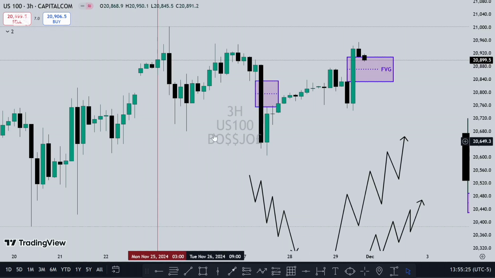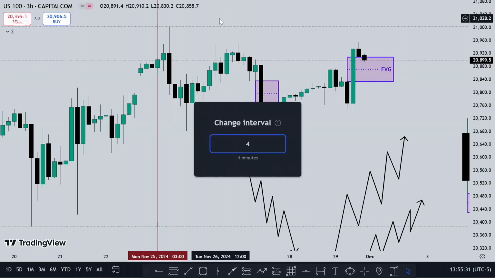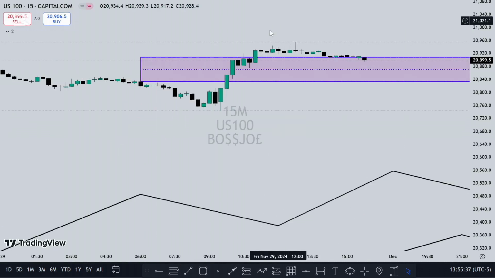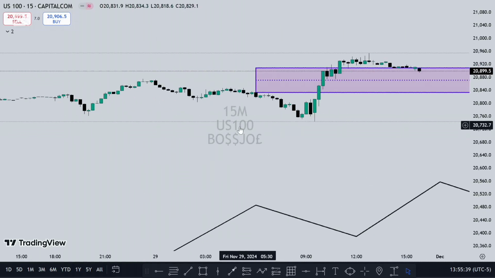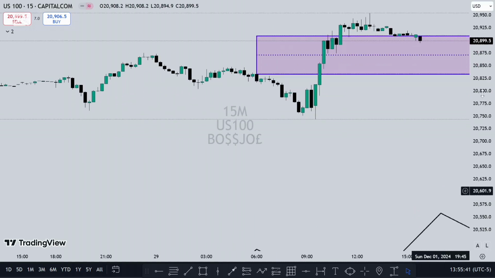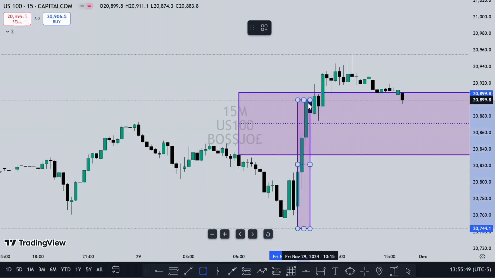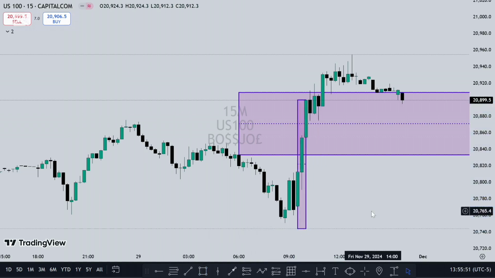For example, if we go down to, let's say, 30 minutes or 15 minutes time frame, you will find out that this is a quick sudden movement, but it was a fair value gap. This is a quick sudden movement from one point to another. You understand?